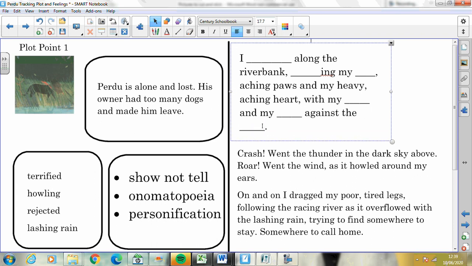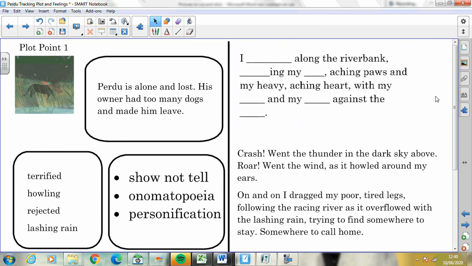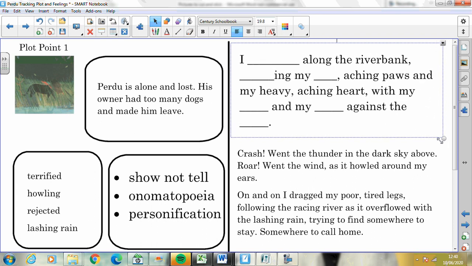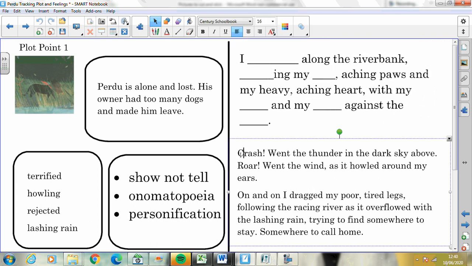I something along the riverbank. Something, my something aching paws and my heavy aching heart, with my something and my something against the something. So you could add in the rain or the wind or the storm. It's completely up to you.